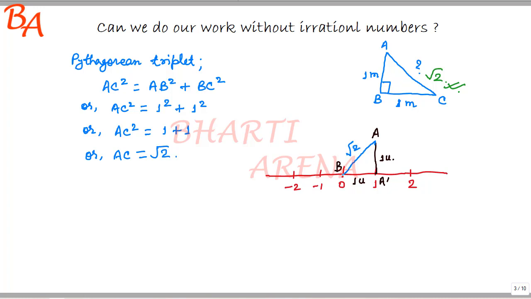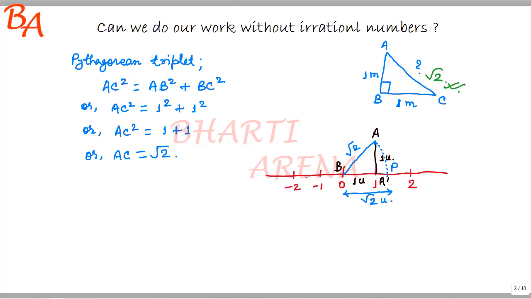So the distance from here to here, that is AB, is root 2. If we take an arc of AB and draw it like this, we will get a point P. So certainly BP measures root 2 units.